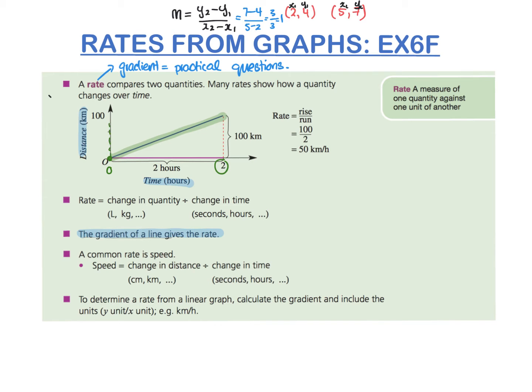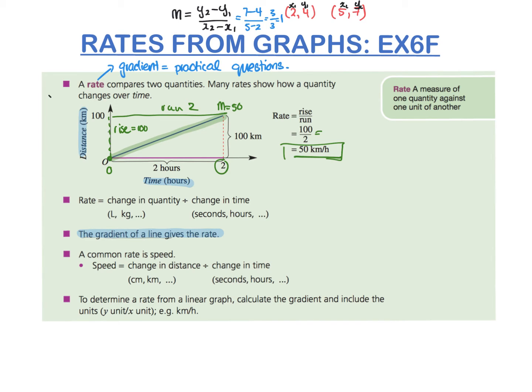They went up a rise of 100 and across a run of 2. That's where they got 100 over 2, which is 50 kilometres per hour. That's the gradient of that line, so m would equal 50.